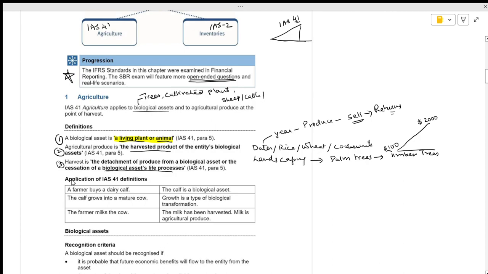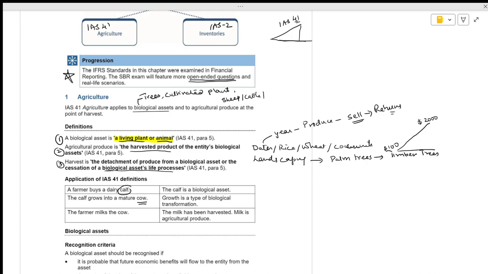See the thing, just now I told you, a farmer buys a calf, is it right? The calf, 1 month, 2 months, but this calf is a biological asset. It will grow, it will become a matured cow, and there is a transformation. They will get the returns from the cow.